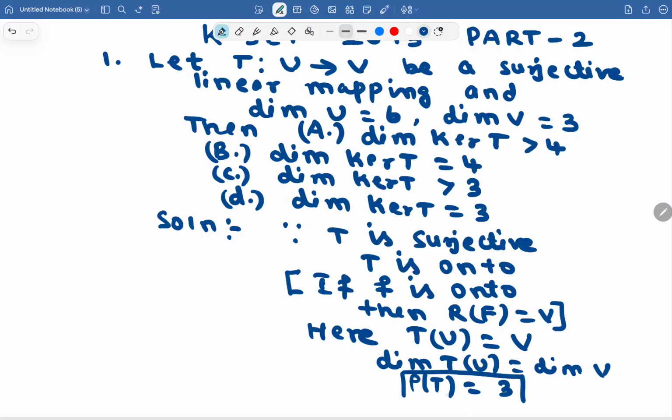Rank of T is 3. But we have to find the dimension of kernel of T.